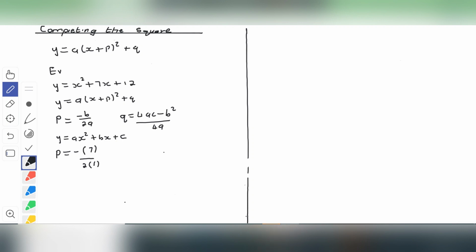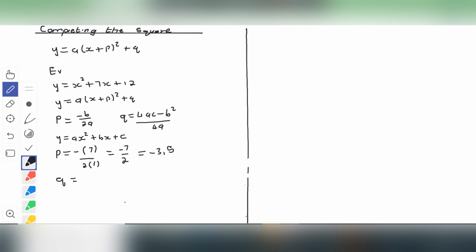Therefore, it equals minus 7 all over 2. In decimal form, it's going to be minus 3.5. So now we are done calculating p.